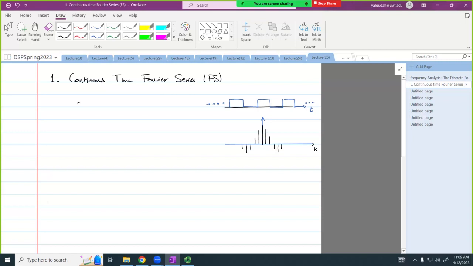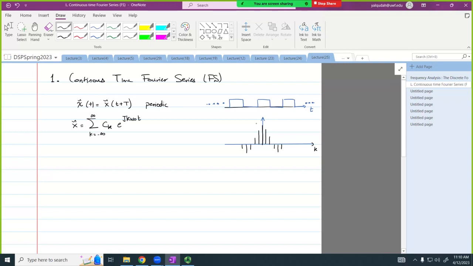So, if I have a signal that is periodic, x(t) = x tilde(t + T), periodic, then x tilde can be written as the summation from k equal negative infinity to infinity, c_k e^(j k omega_0 t).